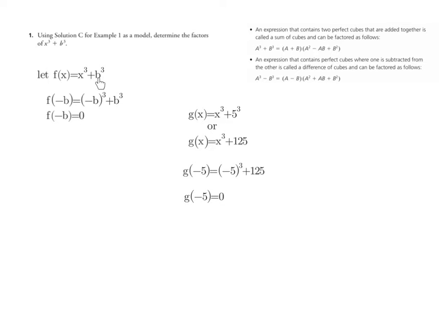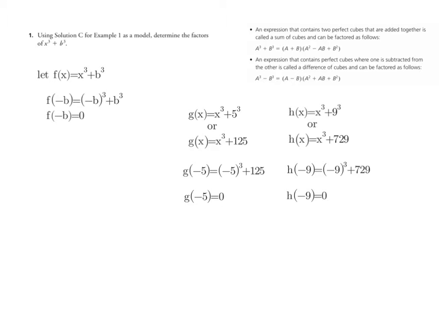If b was 9, so if they gave me the problem factor x cubed plus 9 cubed, I just find f of negative 9. Negative 9 cubed plus 9 cubed would just be 0. So we're just saying that if you have x cubed plus some number cubed, then one of the zeros is just when x is the negative of that number, obviously.